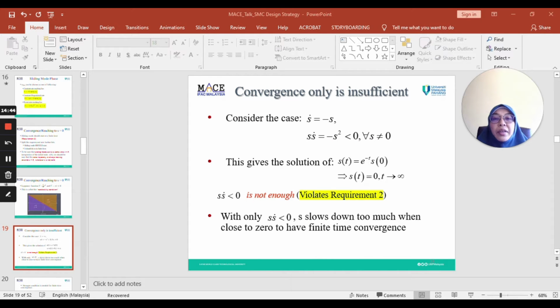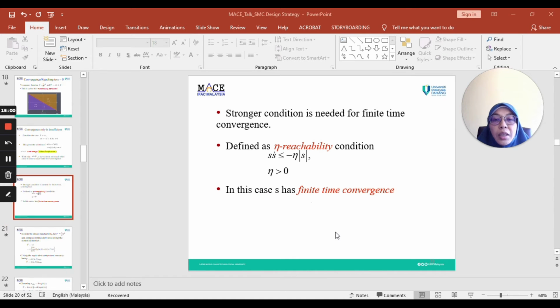However, convergence alone is not sufficient. We have to find another, stronger condition so that we can ensure finite time convergence.